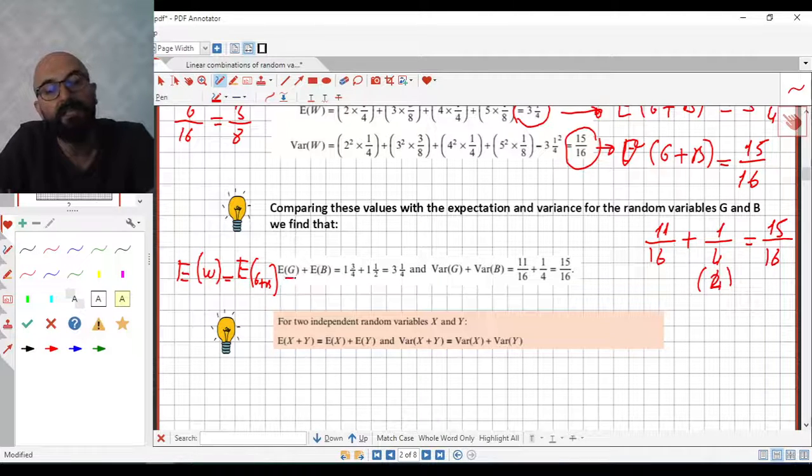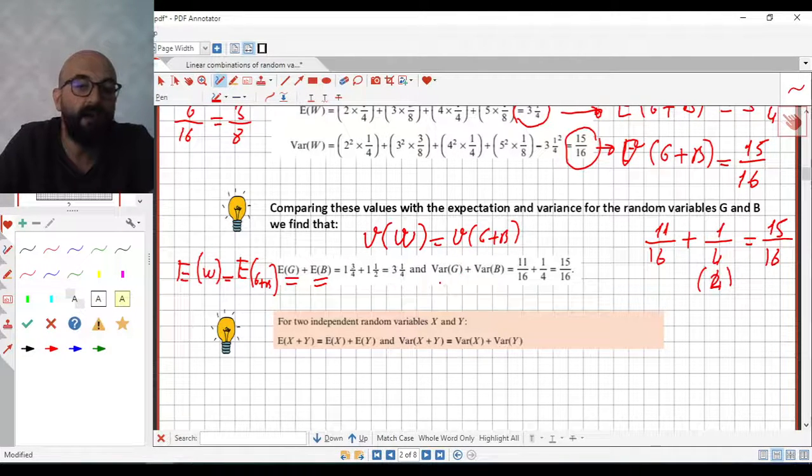So we can see that the expected value of W, the expected value of G plus B, is the expected value of G plus the expected value of B, and the variance of W, the variance of G plus B, is the variance of G plus the variance of B. It's the same.